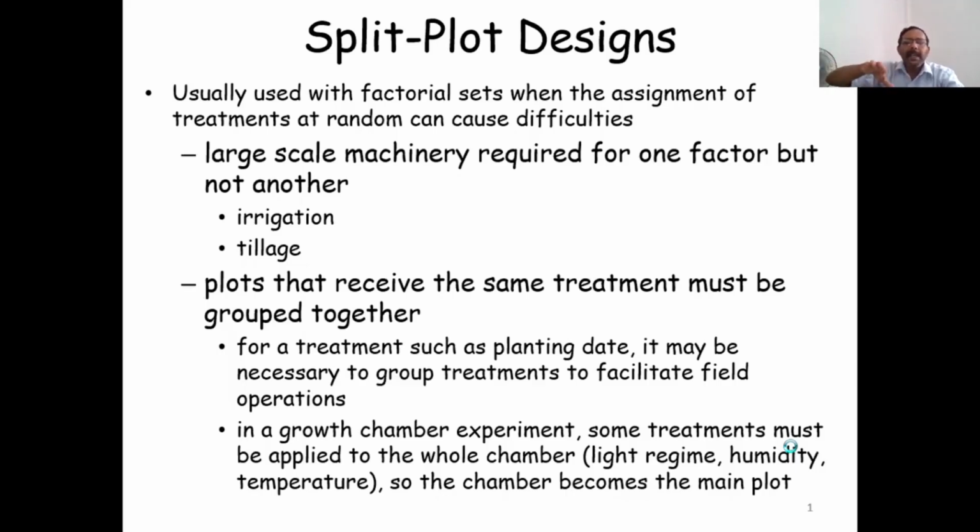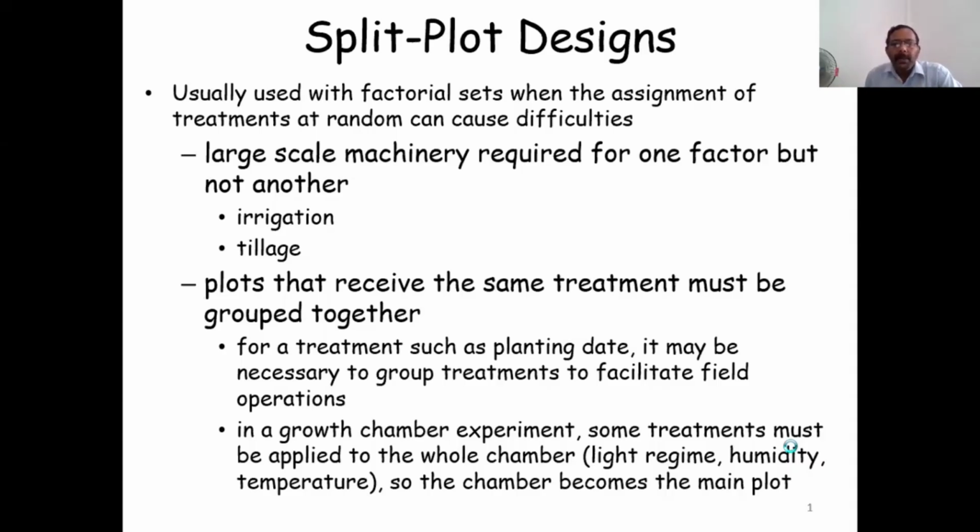Then in the second chamber, you can set another temperature and have the same group of varieties. Likewise, you can do it in the laboratory also, but still it is considered as split plot concept, right?